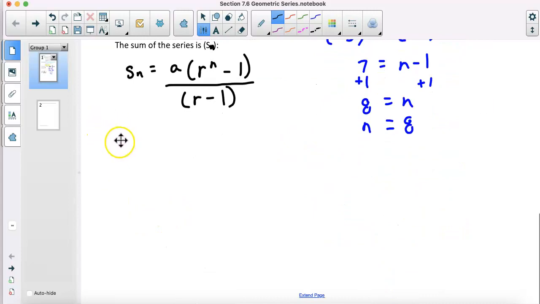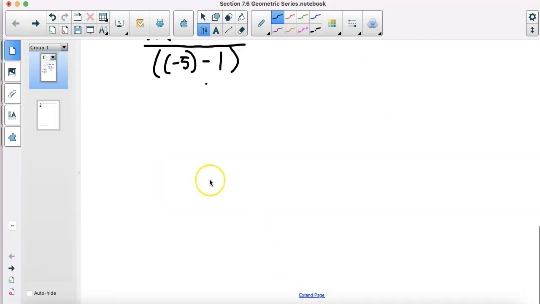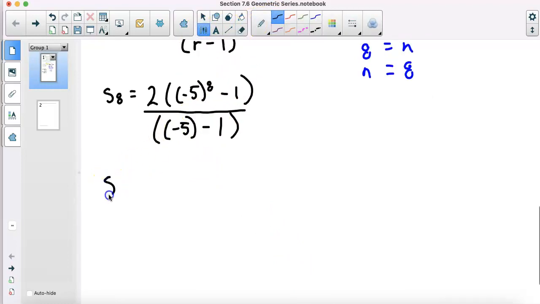To find the sum, S_8 is equal to a, which is 2, the first term, times r, which is minus 5, to the 8th, subtract 1, all over minus 5 minus 1. We're just going to take this one step at a time using BEDMAS. So we can do the 2 inside this set of brackets.